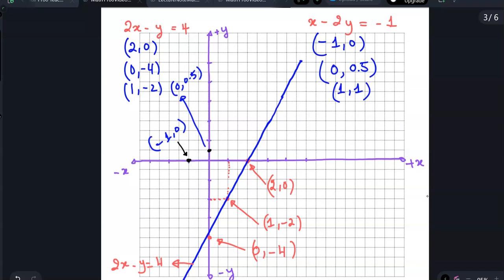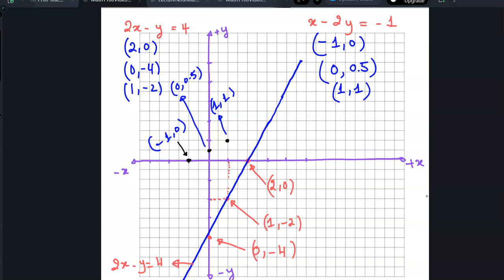And the last point is 1 and 1. So when x equal to 1, y equal to 1, so that is the 1. Okay, so I'm going to identify this one as 1, 1. So now let's connect the 3 black line, and I'm going to now put it in red.